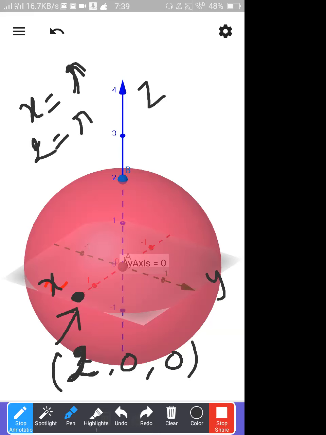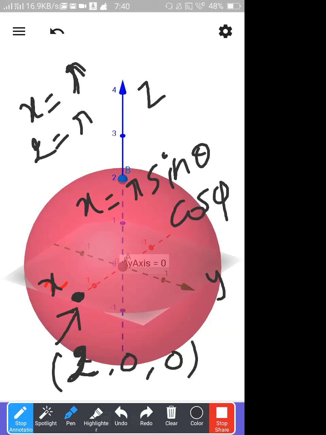Then please note down that equation. What is that equation saying? x is equal to r sin theta cos phi. Now x and r are equal. r is equal to 2, that is your x in this coordinate system, because you are exactly on the x-axis. Then in this case, what is theta?